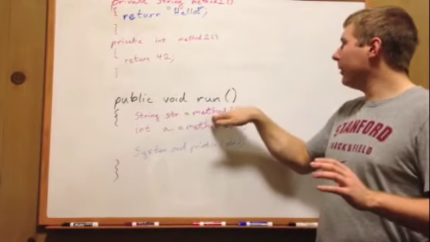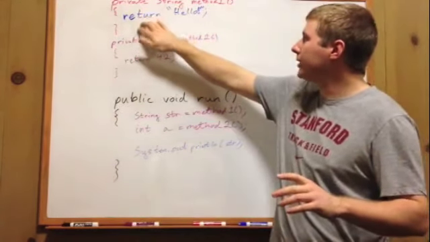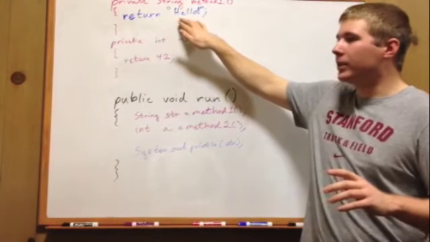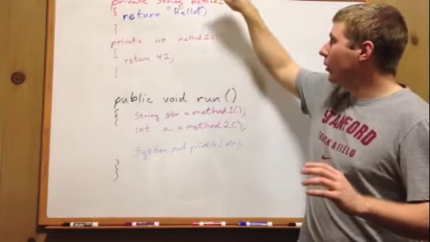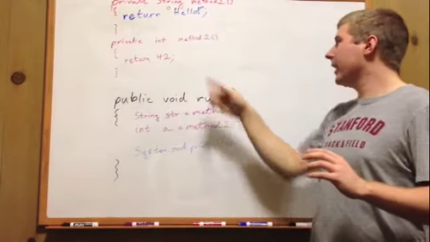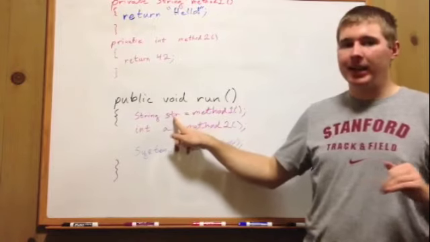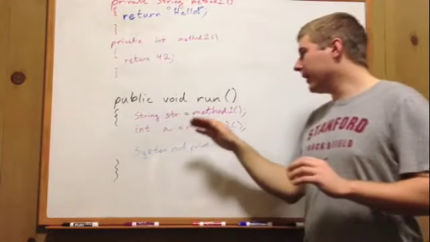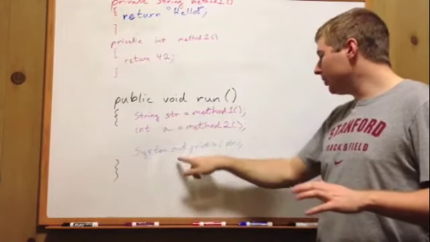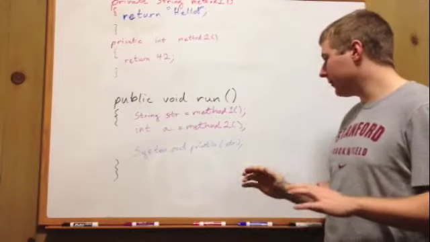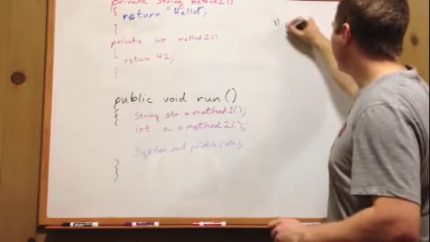So let's say we call method 1, and that will return a string object which is hello. Now, we call this, it returns this and stores it into this variable str. Then this holds the value str, so we can use it down here where we print out the value str. And what this is going to print out is hello.